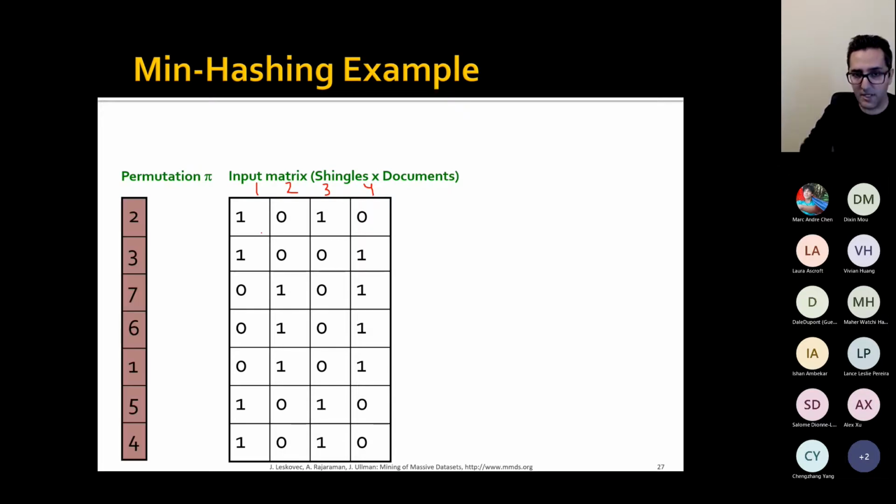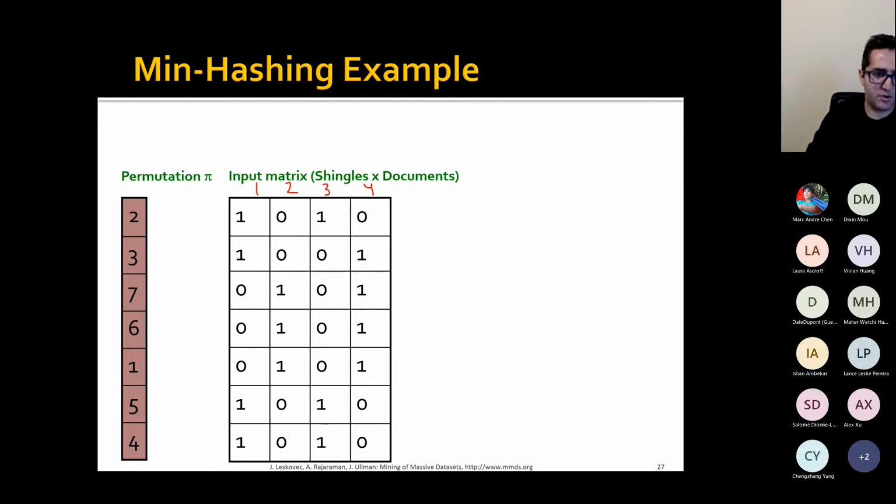And remember, we have many rows; in my simple example, I'm only showing 7 rows. The Minhashing algorithm works like this. First, you come up with a permutation. What is this permutation? It's a reordering of the rows of this matrix. So you want to shuffle the rows in this matrix so that they appear in a different order.